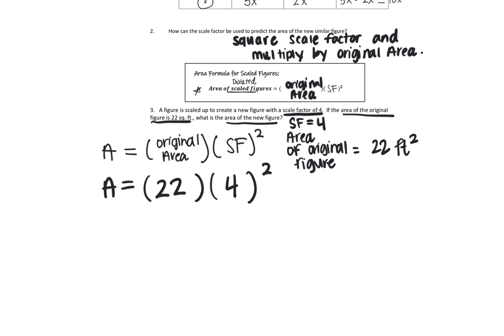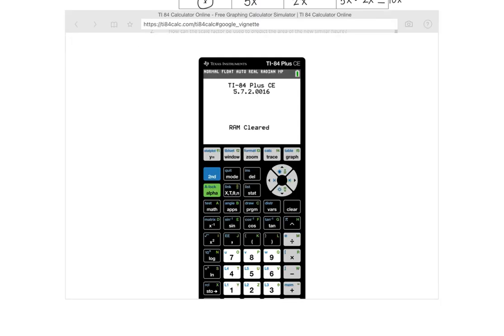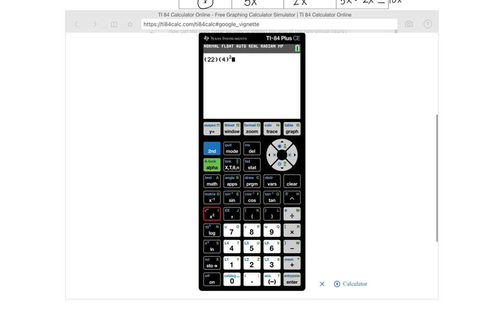I'm going to put it in my calculator and get an answer. Okay, so it's parenthesis 22, parenthesis 4, and then I'm going to square it. And then enter. 352.